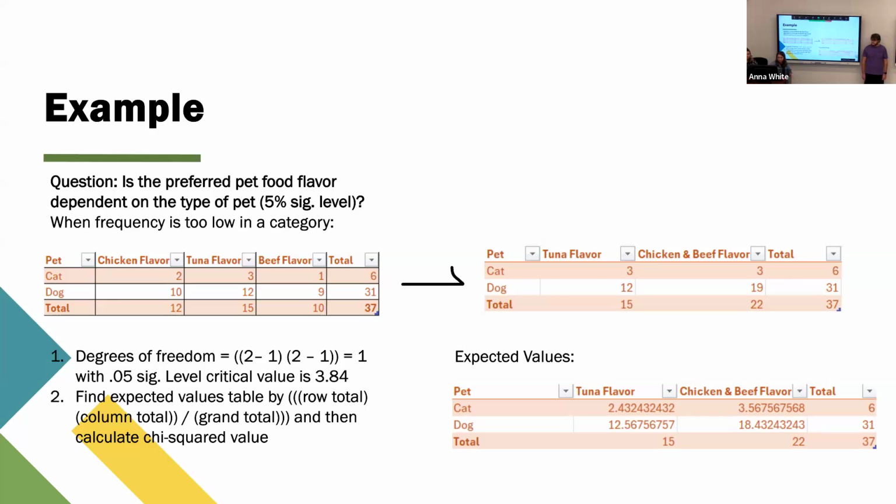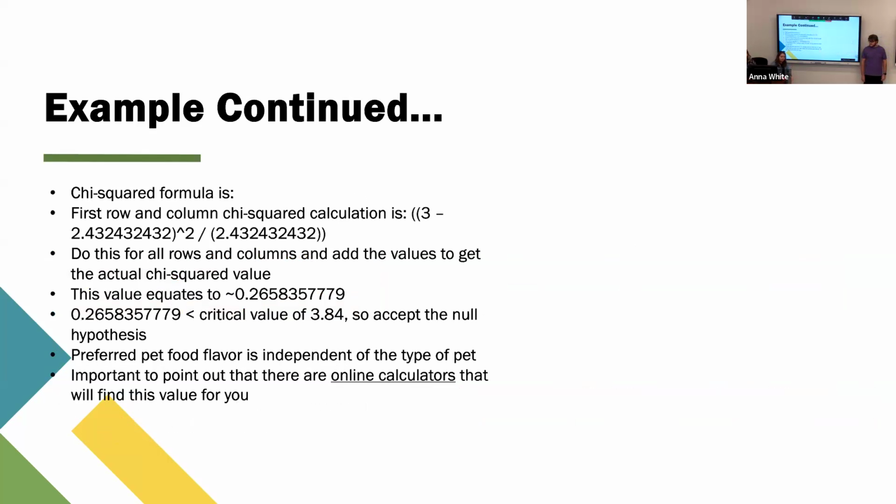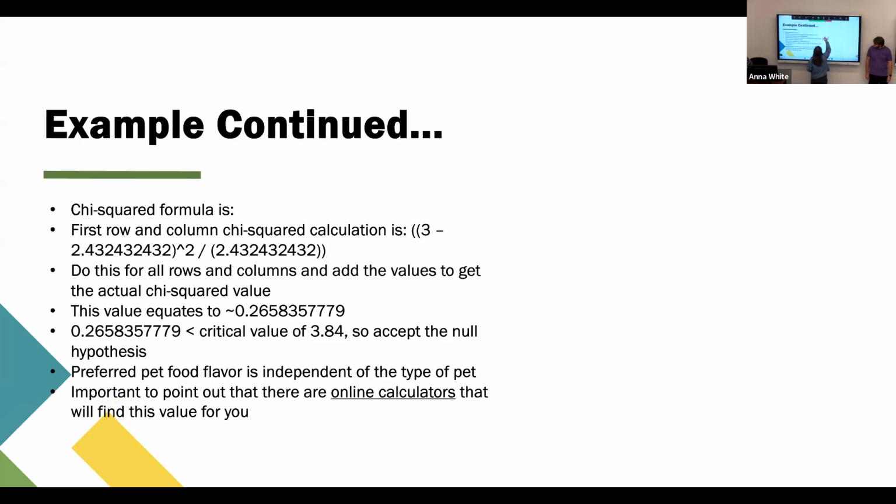So let's see. Okay, I'm going to write the formula here too for the chi-square test of independence. It's the sum of the observed values minus the expected values, squared, divided by the expected value.